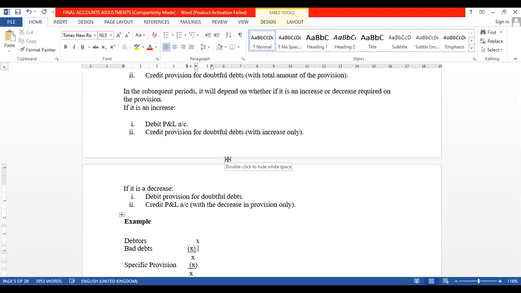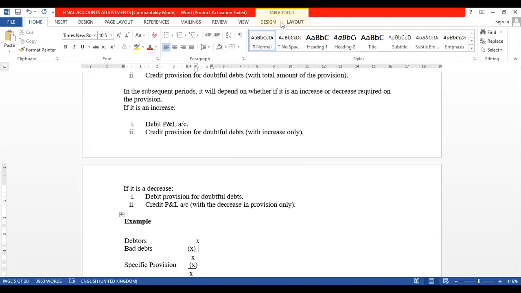If they are more, then it will go to P&L as an expense. If they are less than the ones that were there last year, the difference will go to P&L as a revenue.